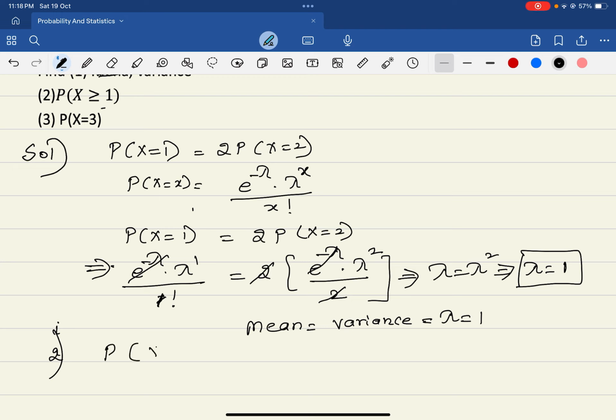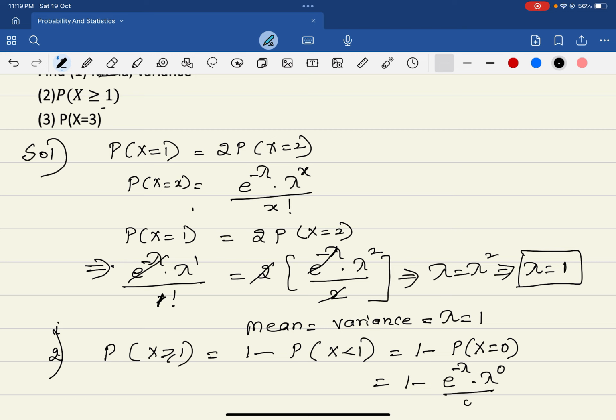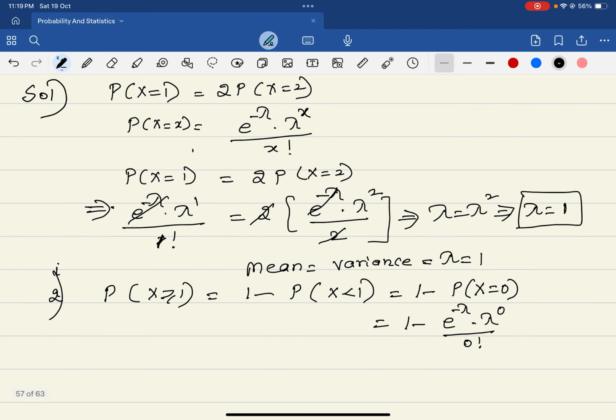Let us now go to the second question, that is P(x greater than or equal to 1). What is it? That is 1 minus P(x less than 1), correct? P(x less than 1) means x is 0. So it is 1 minus e raised to minus lambda, lambda power 0 over 0 factorial, which is nothing but 1 minus e raised to minus lambda.